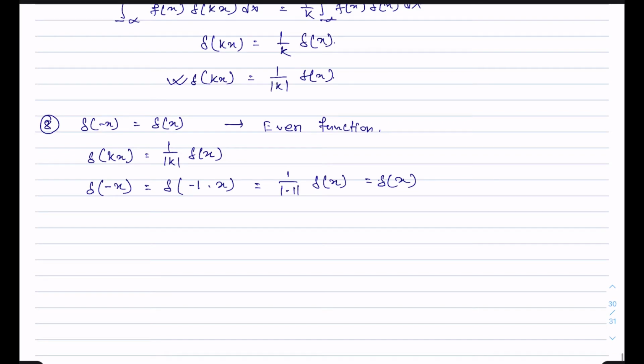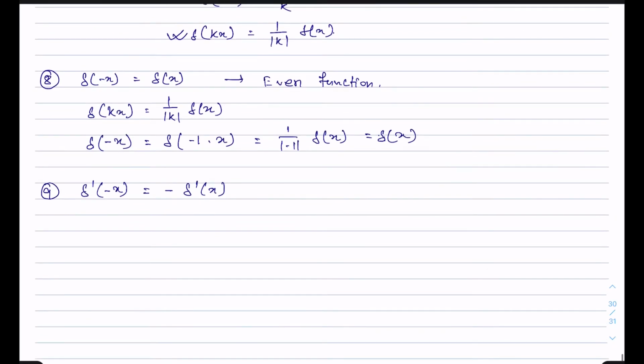Okay. So our next property is the derivative of the delta function, that is, the derivative of delta of minus x is equal to minus the derivative of delta x.